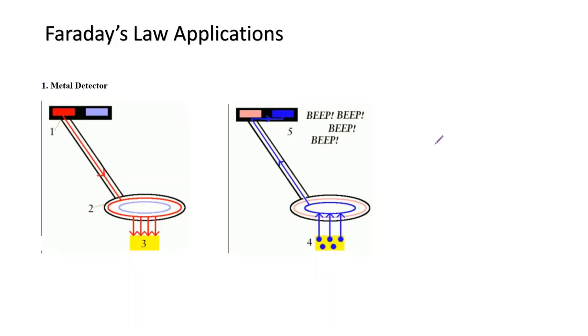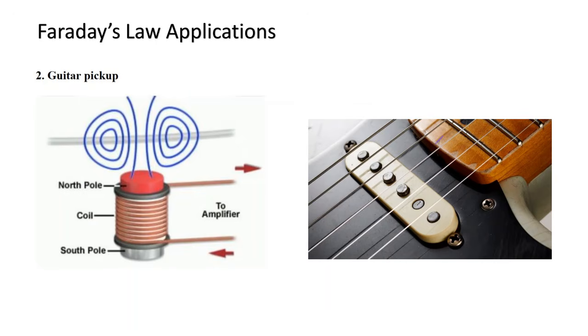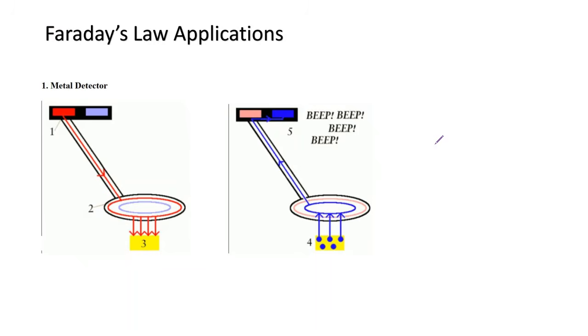Then let's look at some applications of Faraday's law. One would be the metal detector, the other one would be the guitar pickup. So for the metal detector, you have two circuits here. One is a transmitter circuit, the other one is a receiver circuit. The transmitter circuit sends an electrical pulse.